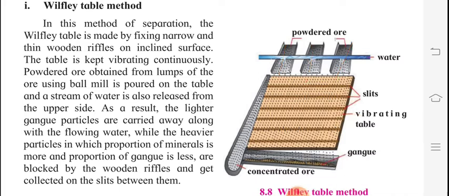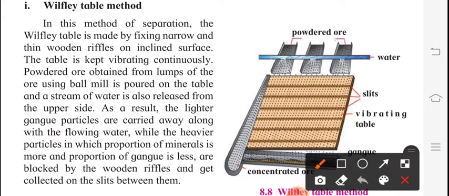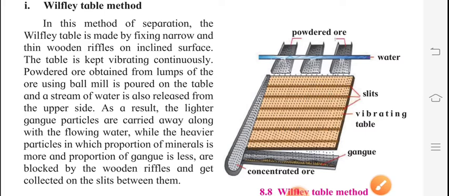Whatever gangue particles are there, they are lighter as compared to the ore, and the concentrated ore we are getting here, and gangue particles are flowing with the water. So this is the separation method which we are naming the Wilfley table method, as we have seen in the video.